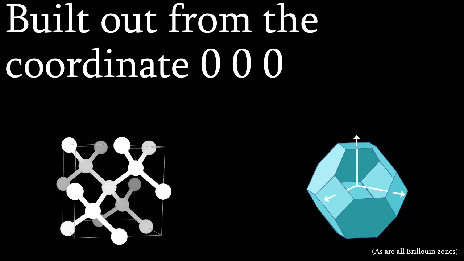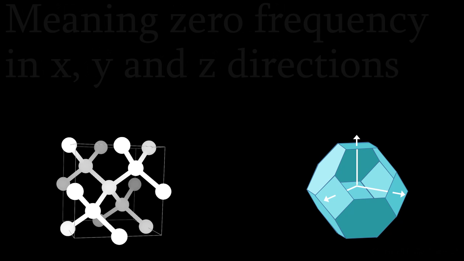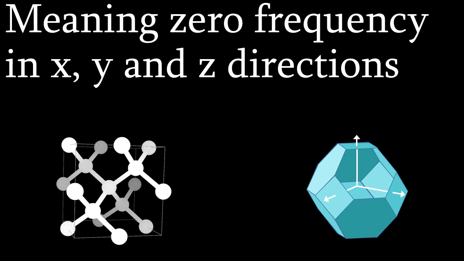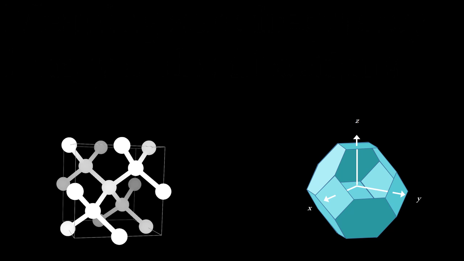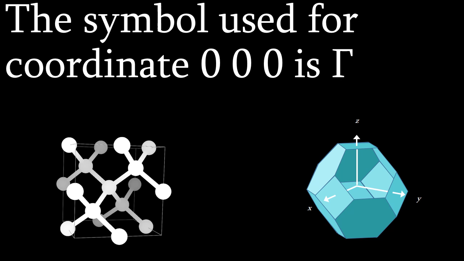As are all Brillouin zones, in fact, meaning zero frequency in x and y and z directions. The symbol used for coordinate 0, 0, 0 is Γ, which is the capital form of the small Greek letter gamma.